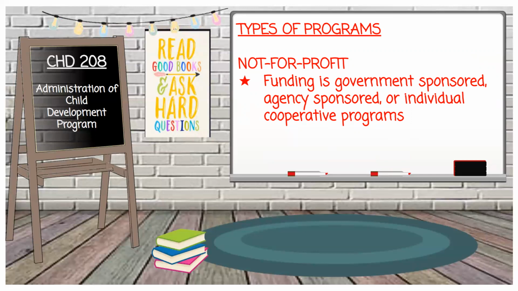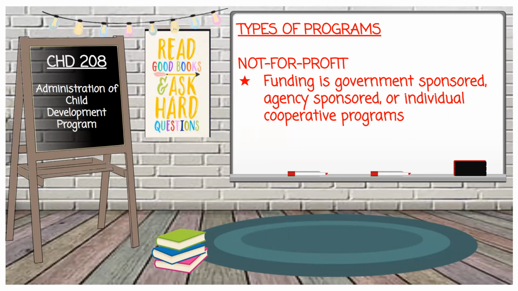So one type of program is a not-for-profit, okay? Not-for-profit programs are government-sponsored, agency-sponsored, or individual cooperative programs, okay? They kind of get into some different legal situations as well. Like they might be something called a 501(c)(3). I'm going to give you an example.